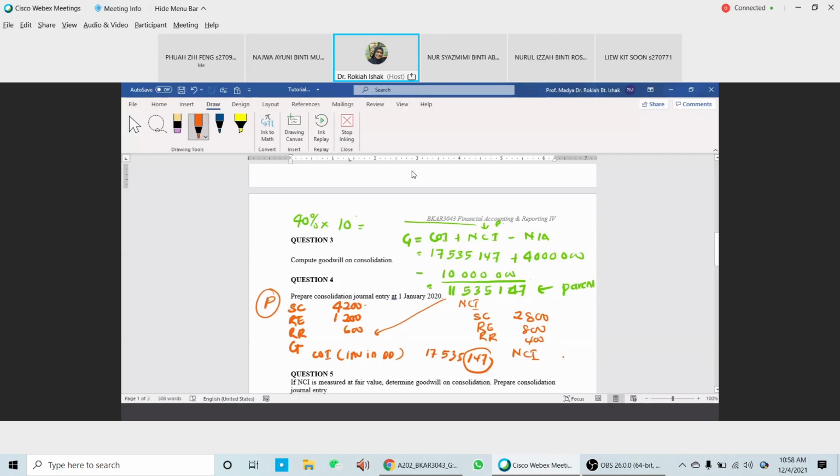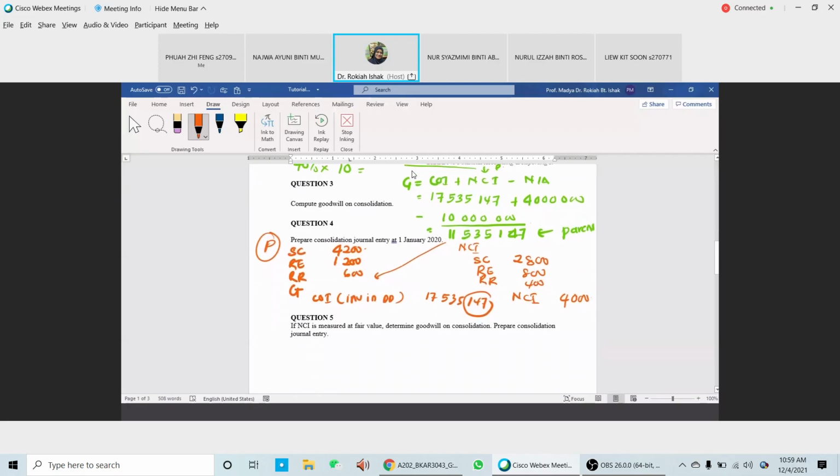The NCI is 4 million. So this is what you have for the NCI and then for both parent and NCI, the consolidated journal entry on 1st of January. Then we move to question 5.